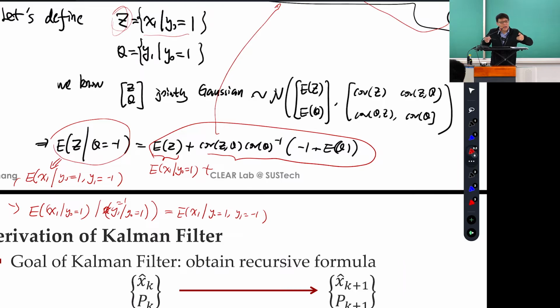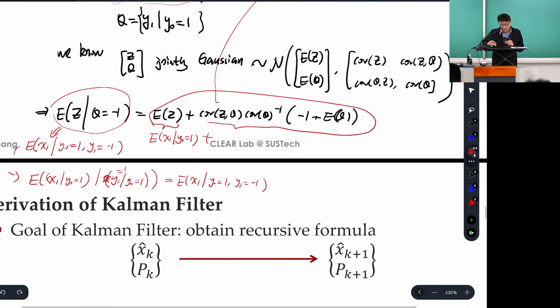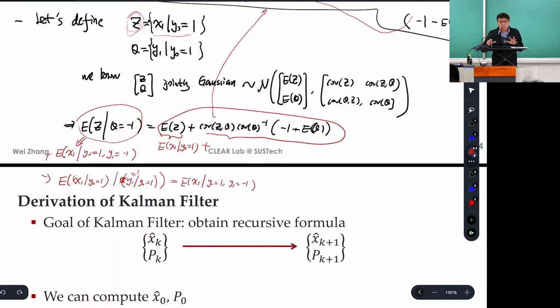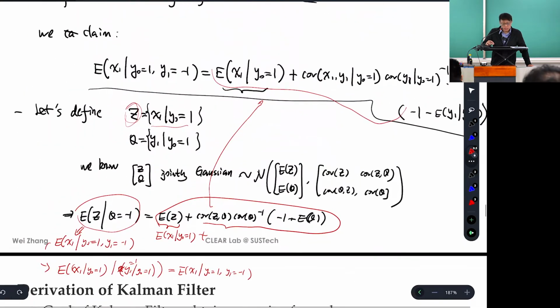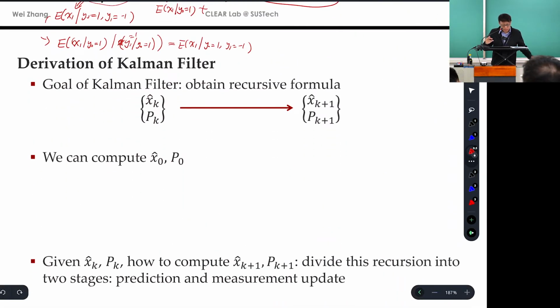On top of it, I assume I somehow get new information, y1, then that's how I compute this thing. All right. It will take some effort for the exercise. I think next time I will start with another example, which will help students to further understand it. And that's the derivation of Kalman filter, almost everything. Let's go through the steps.